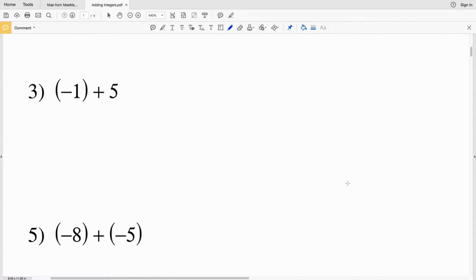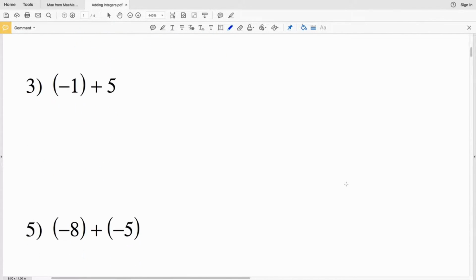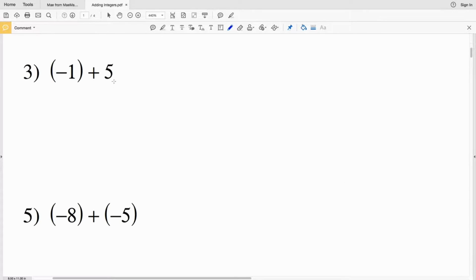So here in number 3, just as in number 1, we're going to start with a negative and we're going to add a positive. So starting at -1, we're going to move to the right 5 on the number line. So -1 plus 5 is eventually going to give us a positive 4. And I'll draw this out real quickly again.